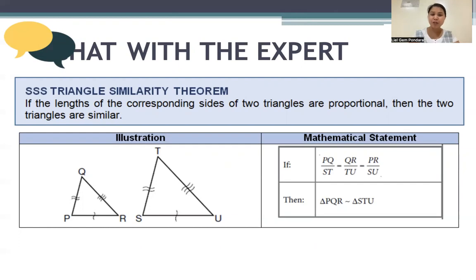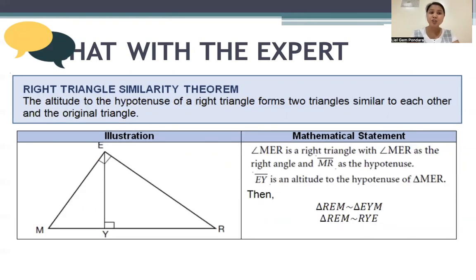The third one, we have the right triangle similarity theorem. The altitude to the hypotenuse, so for example, this is the hypotenuse because this is the opposite of the right angle. This is called the altitude to the hypotenuse of a right triangle forms two triangles similar to each other, and these two triangles are also similar to the main right triangle.